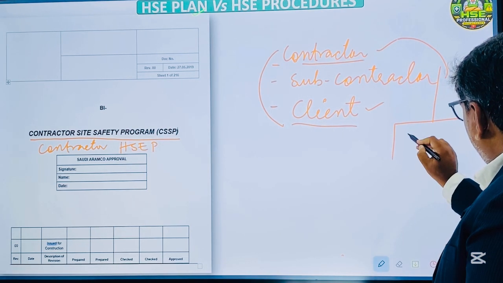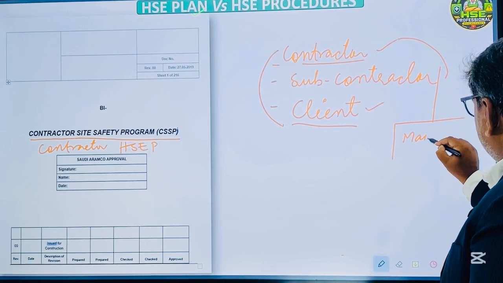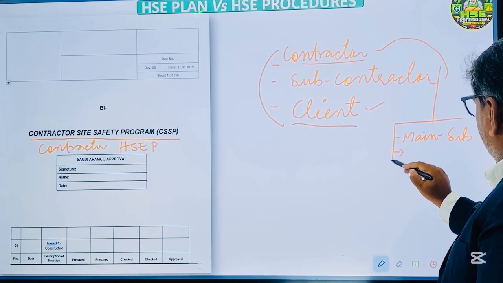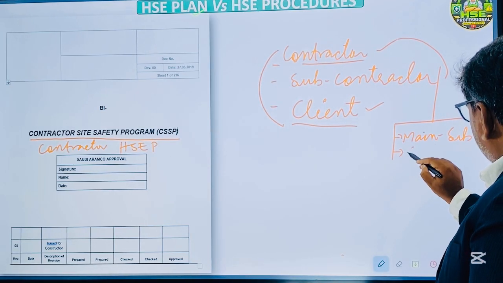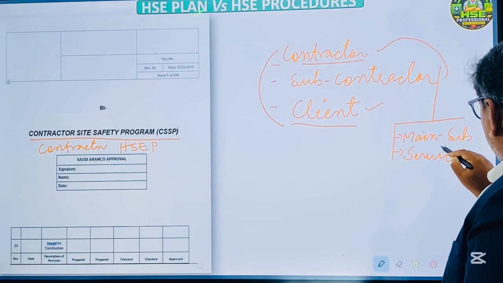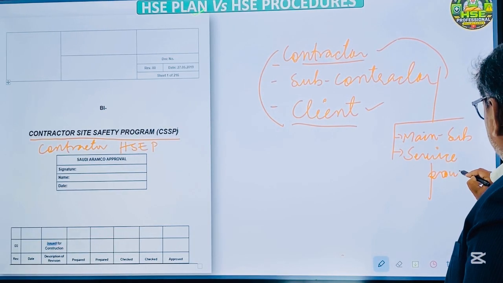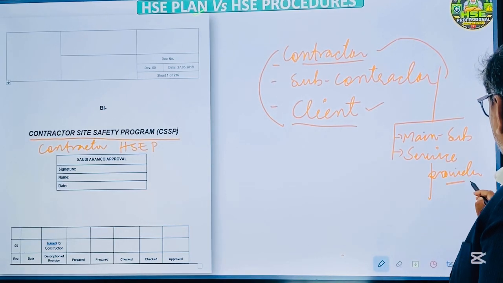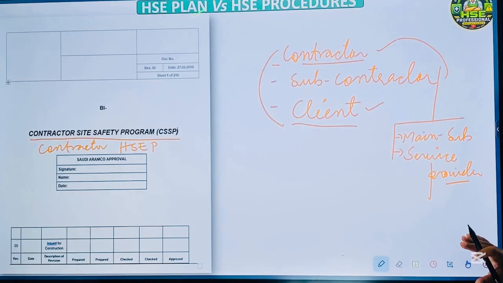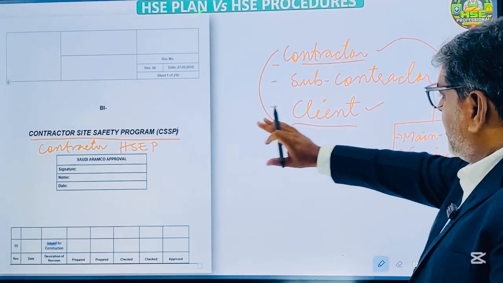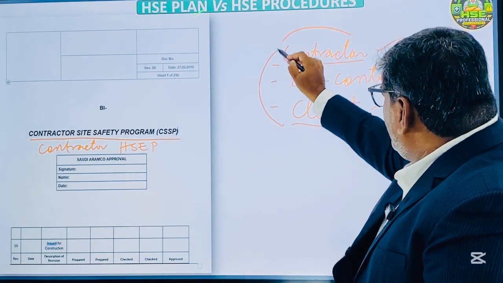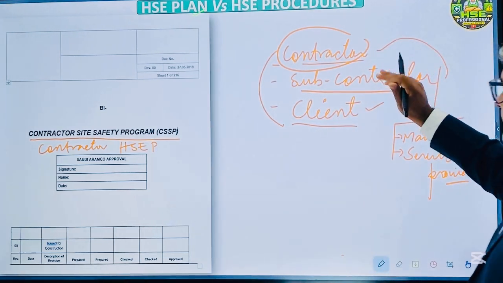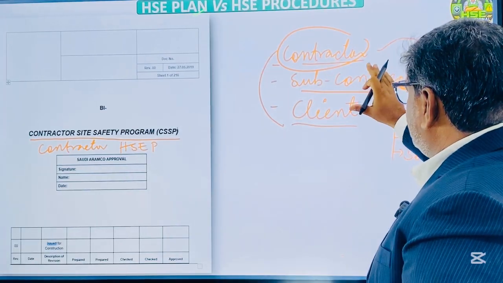So there will be main subcontractor, subcontractor, then there will be service provider, who can provide the service for the project. Okay, so this document will be prepared by the contractor and subcontractor as well, or both. So the contractor will prepare or the subcontractor will prepare these documents.